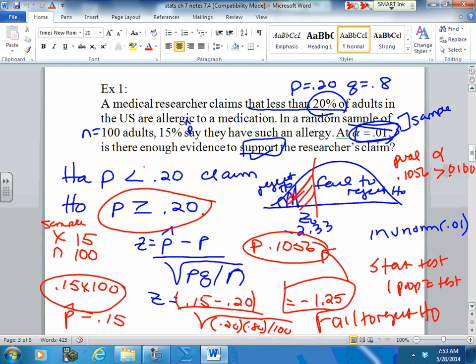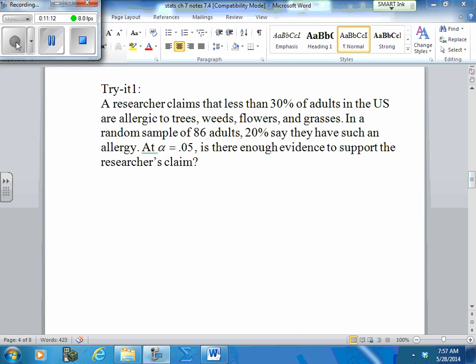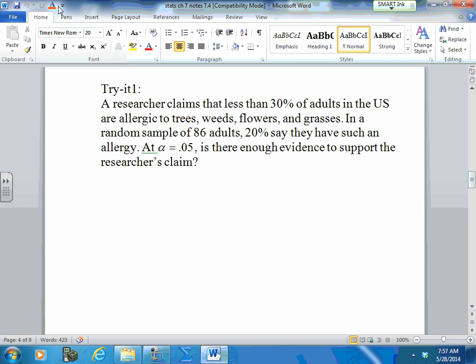Questions? All right. Try it yourself, number one. So, a researcher claims that less than 30% of adults in the U.S. are allergic to trees, weeds, flowers, and grasses. Is this the claim? How do I write the claim?